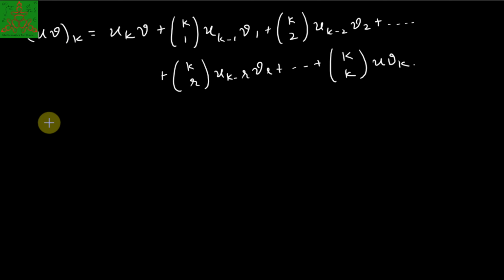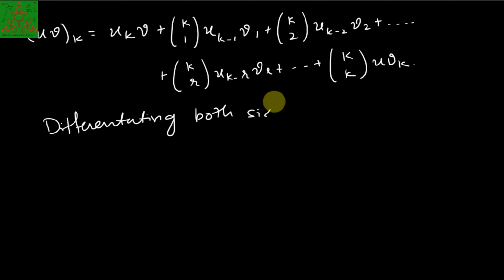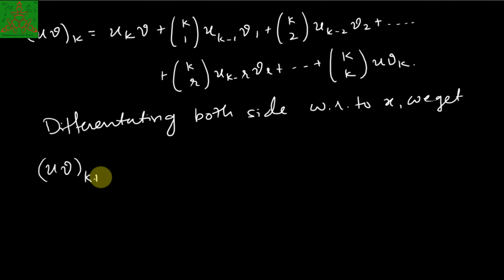So differentiating both sides with respect to x, we get (uv)k+1. The kth derivative is already there, and we are taking one more derivative, so it is k plus 1.